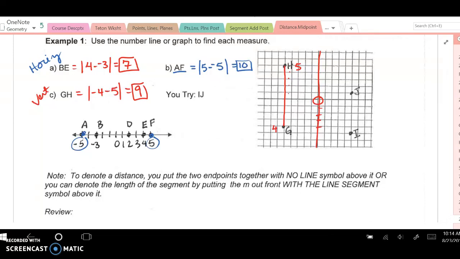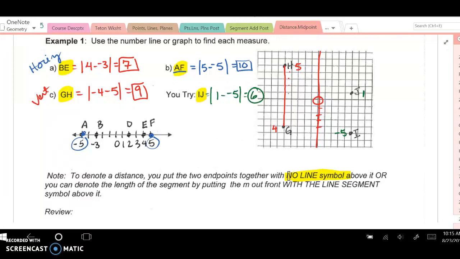Okay, so hopefully you paused the video and you saw that this endpoint was 1 on the y-axis, and this endpoint was 1, 2, 3, 4, -5. So 1 minus -5, the distance between those 2 points was 6. Notice that none of these letter combinations had a line symbol above them. That's because none of these technically were indicating a line segment.